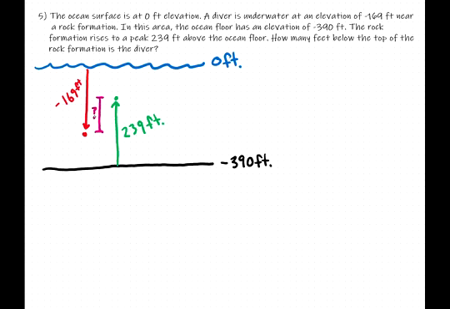Now the problem is that the 169 and the 239, they're coming from different directions. So what we need to do is put them both in the same frame of reference. Let's simplify this.